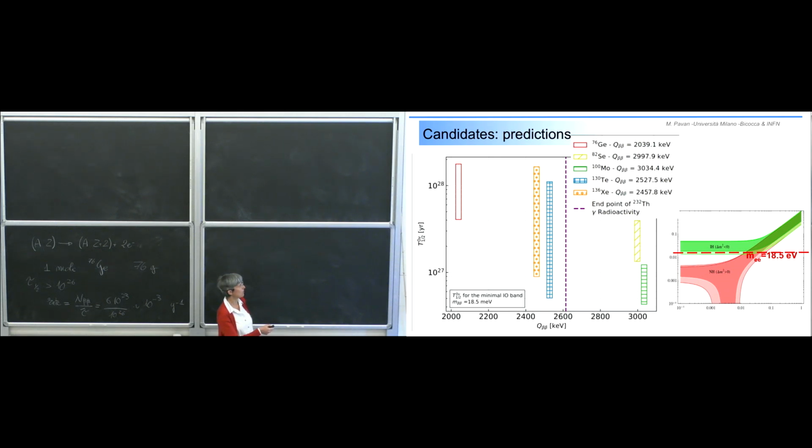So you see they are between 10 to the 27 and 10 to the 28, depending on the isotope. And here I have selected the isotopes that have been studied in recent years with good sensitivity.